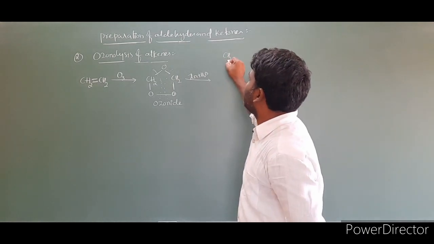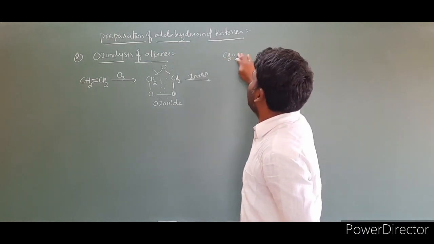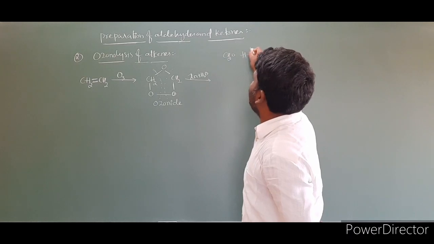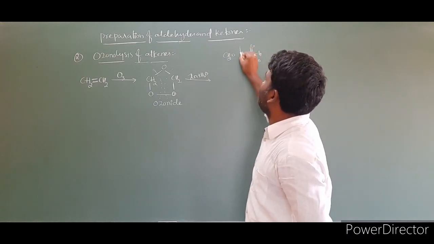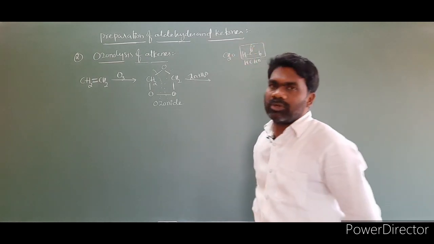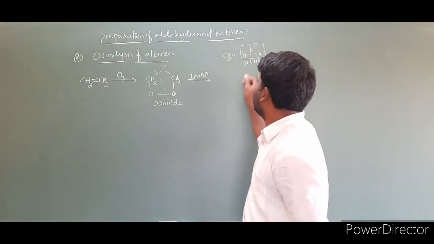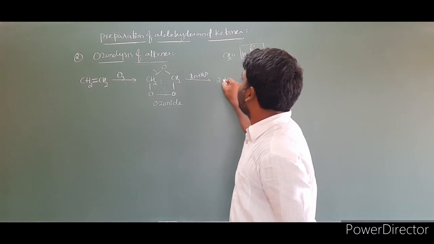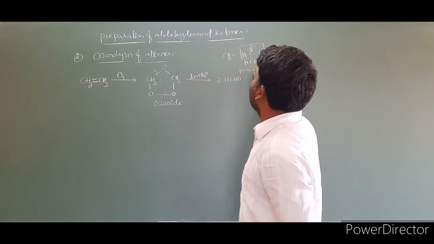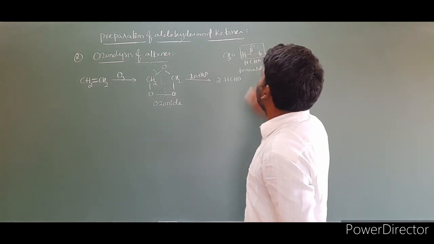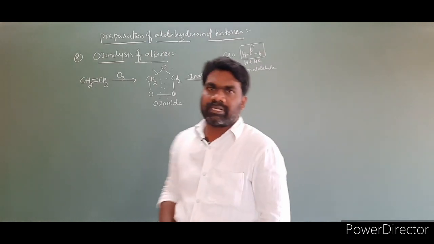CH2O I am writing as H-C=O-H, which is nothing but HCHO, formaldehyde. Two molecules of formaldehyde are formed in the reaction.